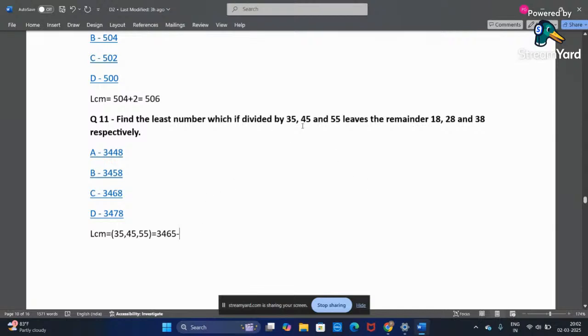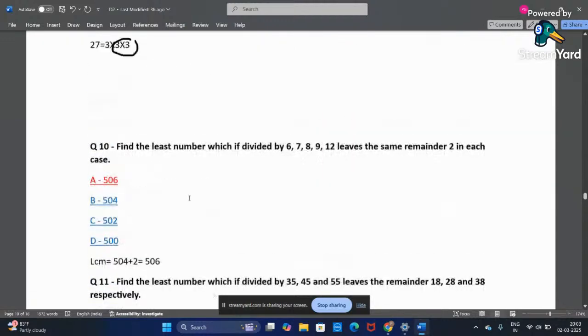You have to find the difference between 35 and 18. We get 17. Between this and this also we get 17, and between this and this also we get 17. So you have to subtract 17 from this LCM value. Then we get 3, 4, 4, 8. This is your final answer.